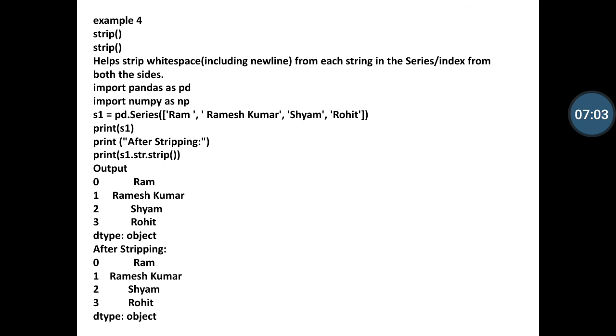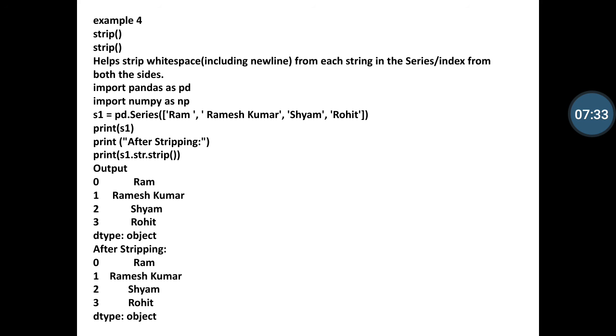You can notice here I am putting the values: the 0th index as Ram, the first index as Ramesh Kumar, the second as Shyam, and the third as Rohit. And then print s1 simply prints the values: 0th index Ram, 1 index Ramesh Kumar, 2 index Shyam, and 3 index Rohit.